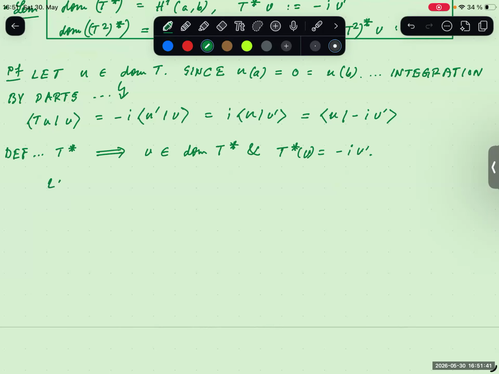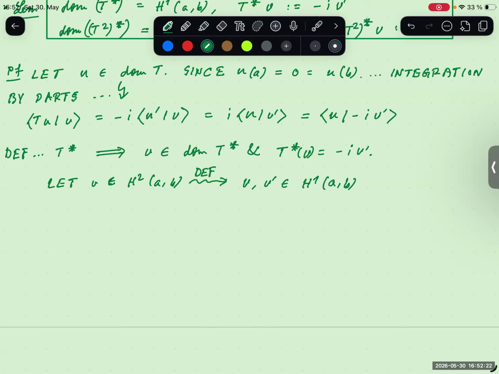So let V be an element of H2(a,b). Then by the definition of this space, V and the first derivative of V are both in H1(a,b), right?